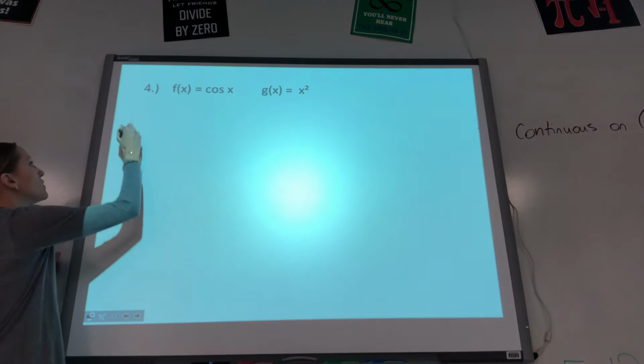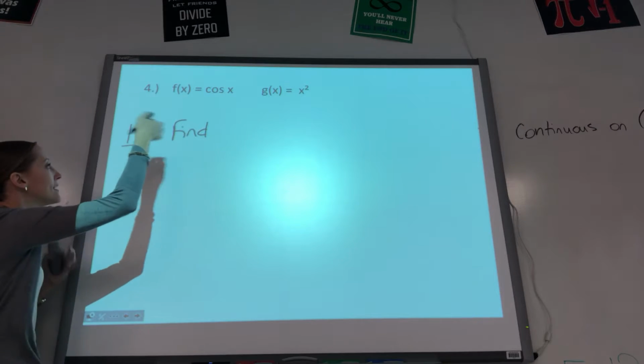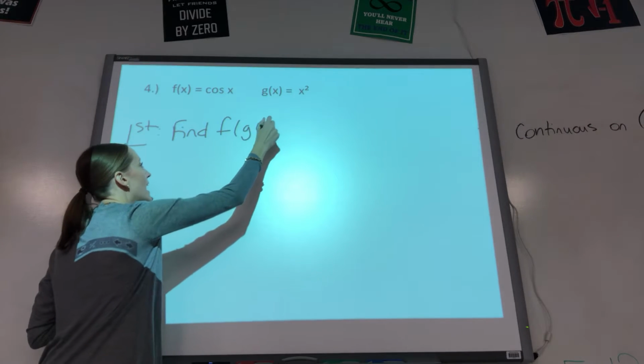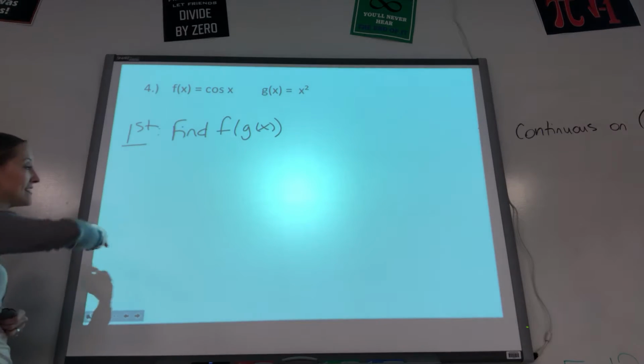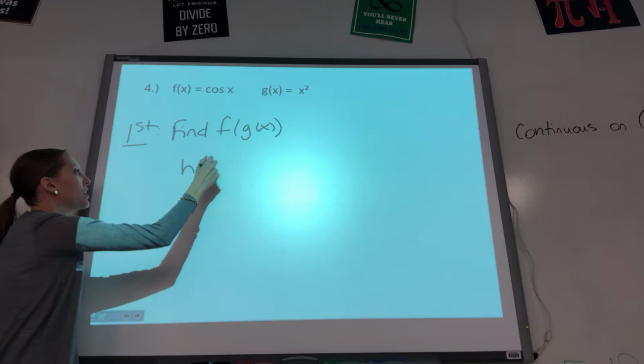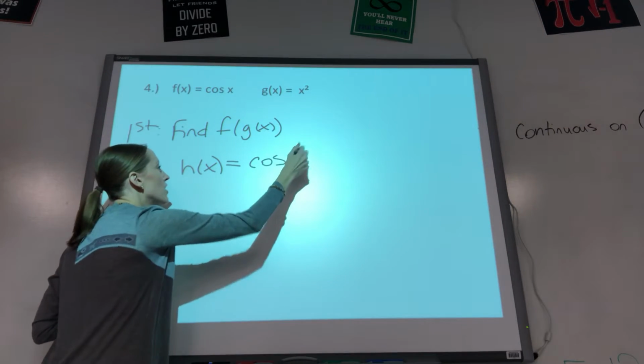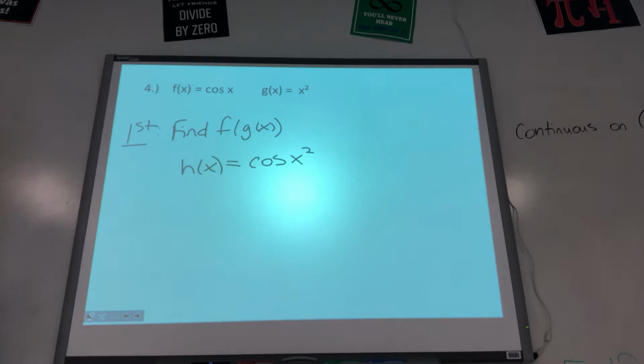First thing I have to do, just like last time, is find the composite function. Find f of g of x. So take g of x, plug it into f of x. So this is going to say cosine of x squared.